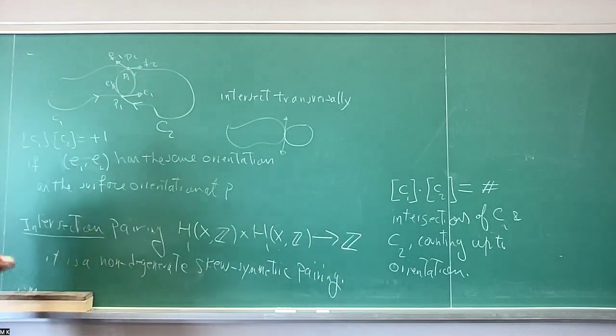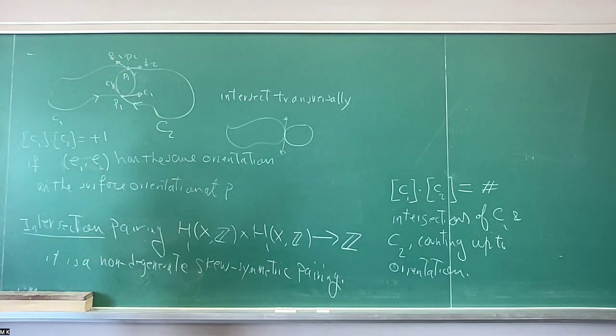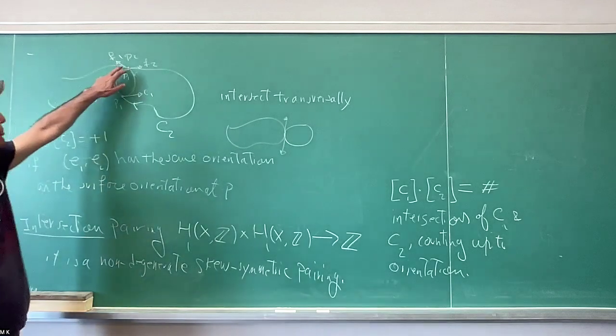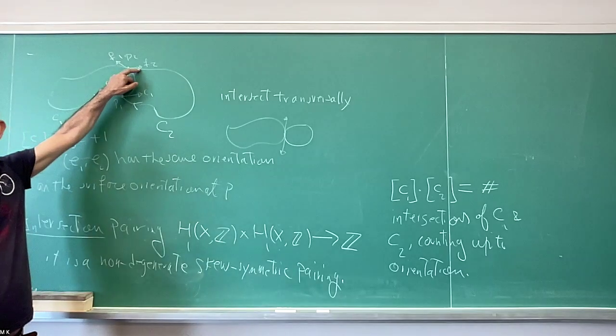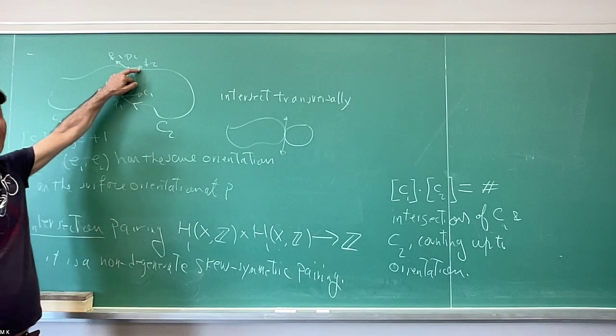Now, in this picture, this is P2. Do you think F1 and F2 has the same orientation as the orientation of the tangent space at that point, or the opposite orientation? It has the opposite orientation. If you want to move F1 to F2, you have to go clockwise, whereas before it was counterclockwise.